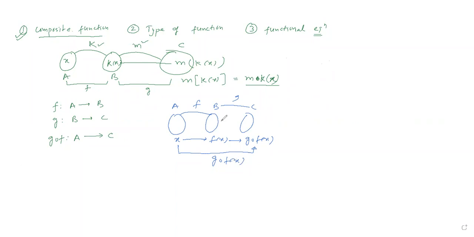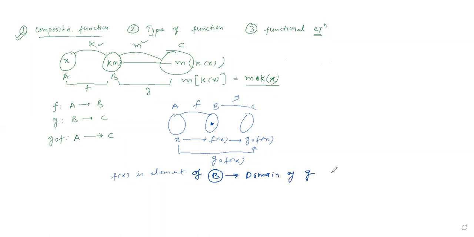It's a must. If f of x is not here, f of x must be an element of B. What is B, guys? The domain of g.